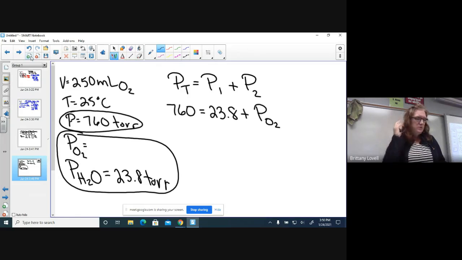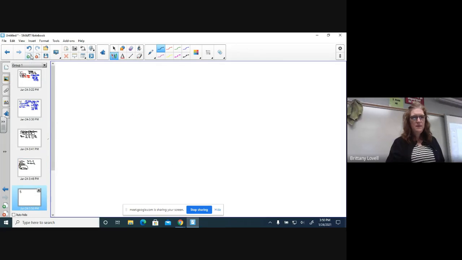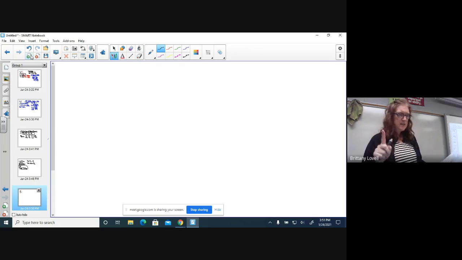So let's take a look at number two, okay? So problem number two on your worksheet says you've got a 32 milliliter sample of hydrogen that's collected over water at 20 degrees Celsius and 750 torr of pressure. What's the volume of the dry gas at STP? What? Okay, so let's just start writing stuff down. They give you a sample of hydrogen gas, and it's a 32 mil sample.